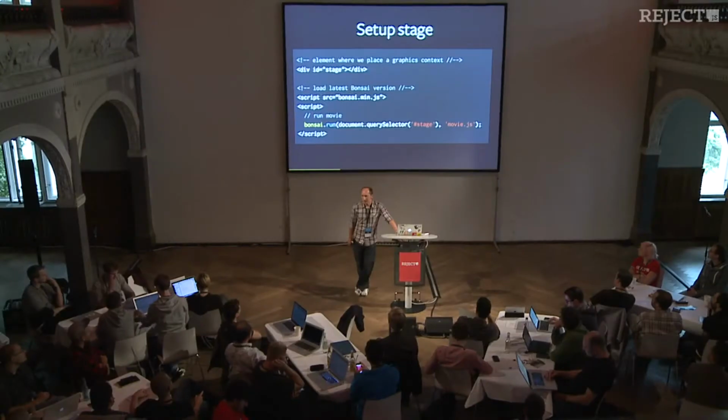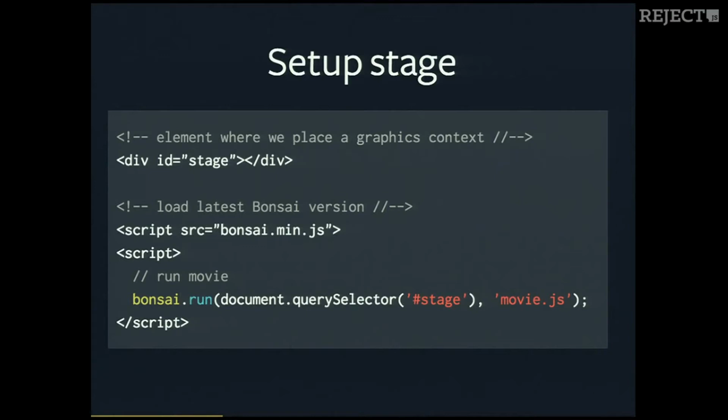Okay, let's dive into the API. First of all, that's the entry point of every movie. It's Bonsai run, and you pass a DOM element. We take the DOM element, place the movie there, and create a graphics context there. The second parameter is the movie, of course.